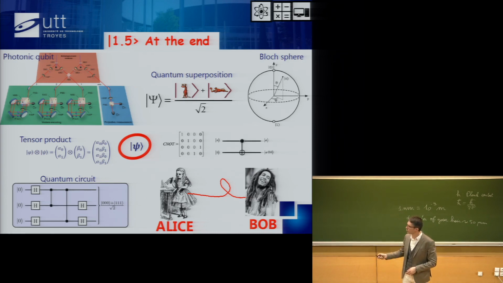For the moment, they don't make sense to you, but hopefully some of these will make sense at the end, because as I said, I will use photons as a practical case for explaining how we make qubits, how we make quantum gates and algorithms in real life. There are other systems, but this is the one I will use. So by the end, you should have an idea of at least what those weird symbols that we use mean.